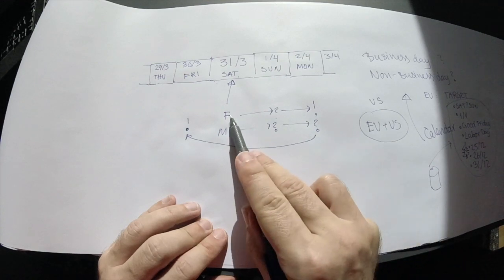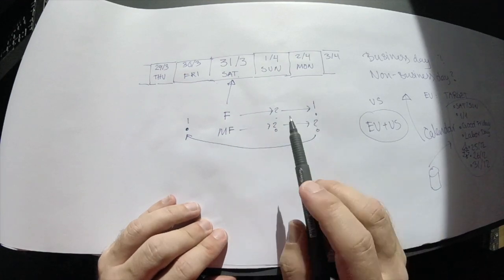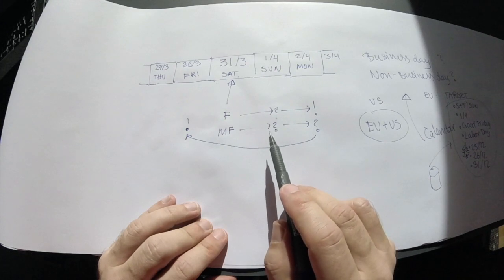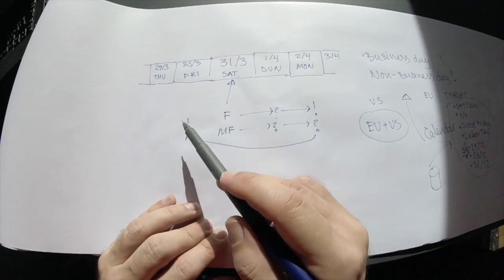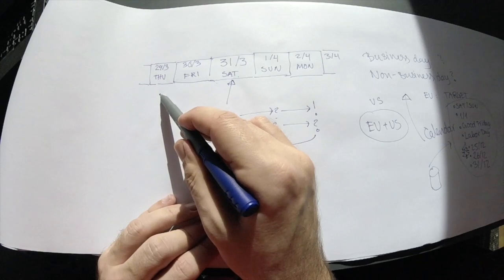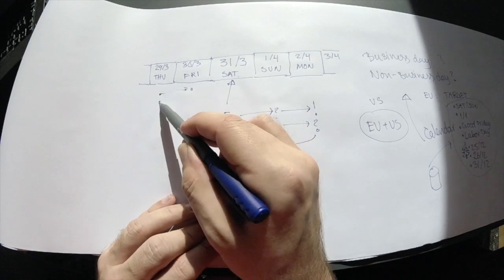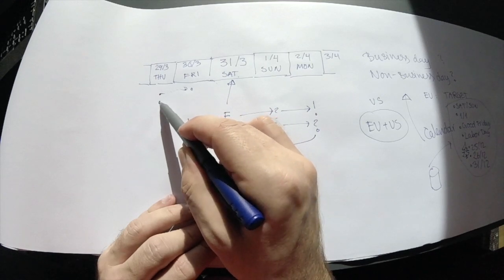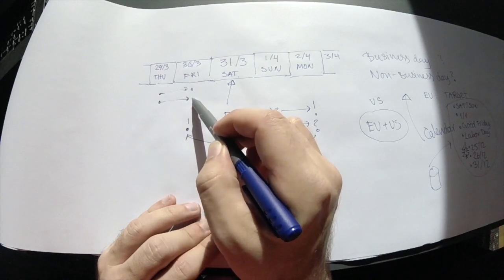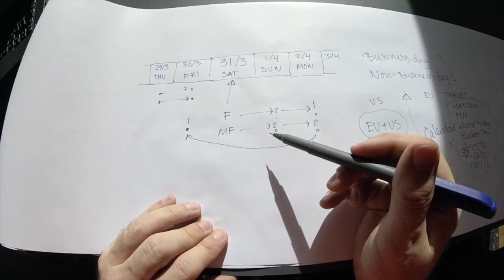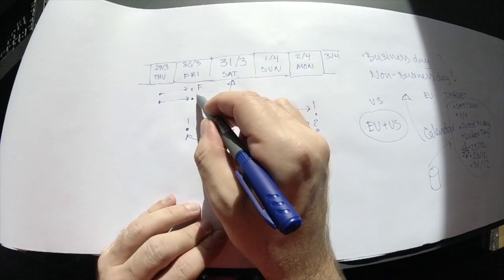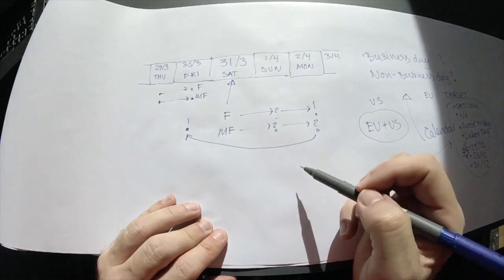So there's a big difference between following and modified following. If we look at, say, Thursday and apply following, we would come to Friday. If we looked at Thursday and used modified following, in this case we would still arrive at Friday. And the reason is that we stay within the same month.